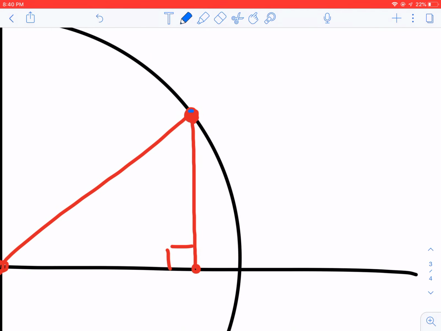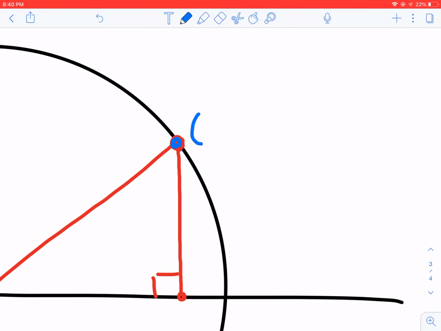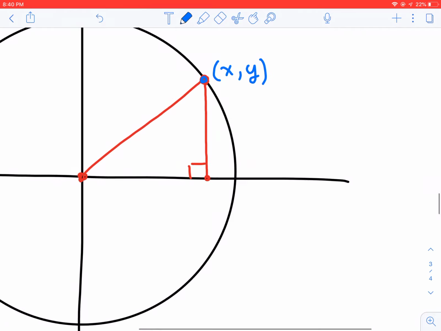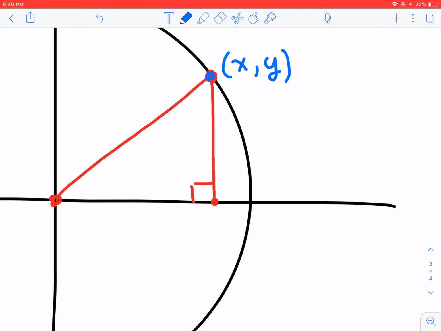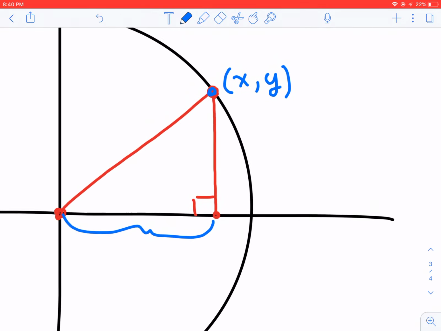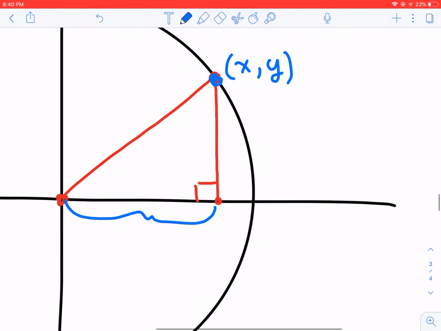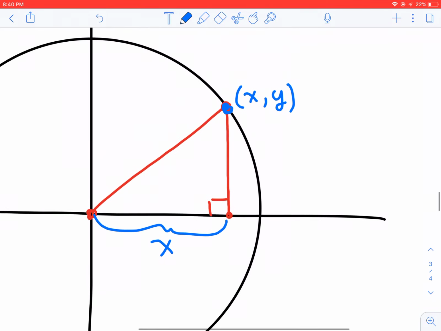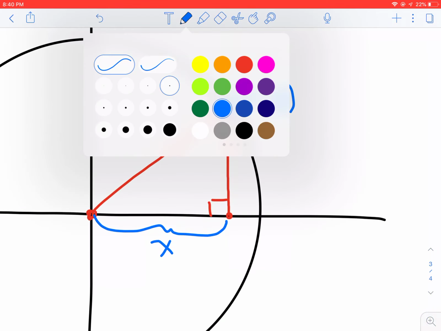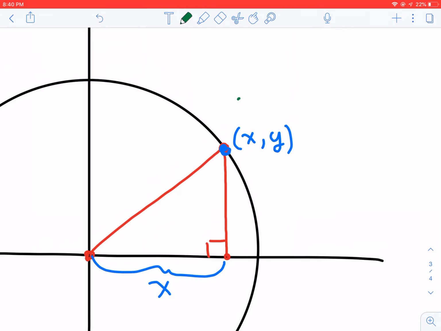So if I call this arbitrary point I picked x comma y, well, let's think about the side lengths of this triangle. If this point here is x comma y, doesn't this length have to be x? If that's not making sense to you, let's do it with numbers. Let's say that point is 5 comma 3.